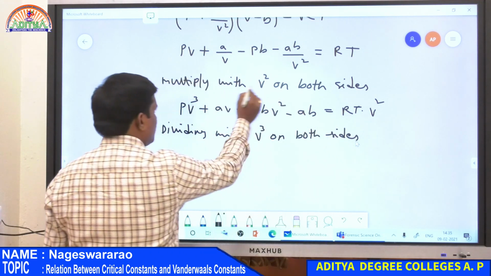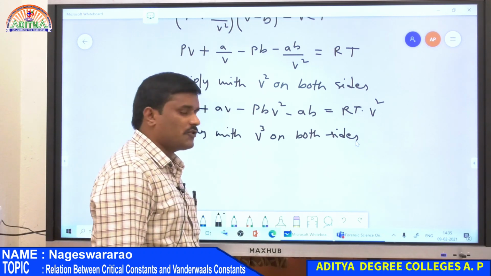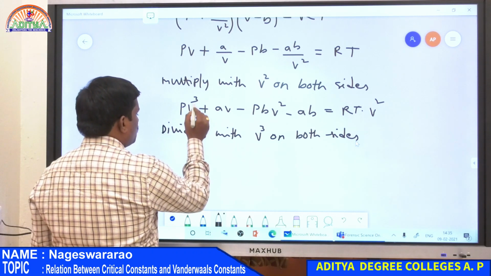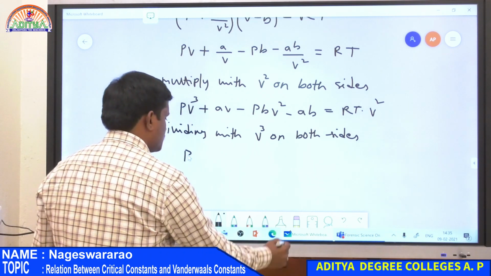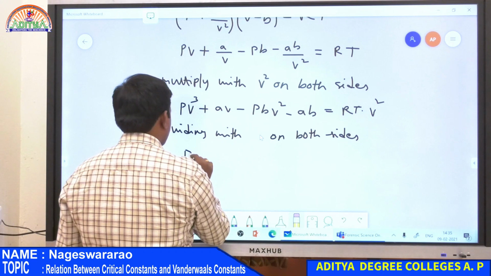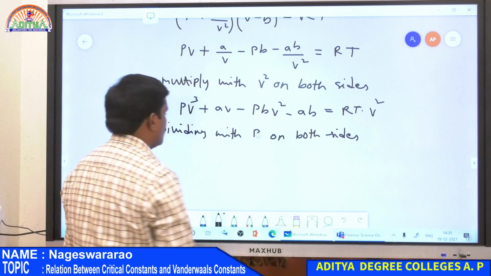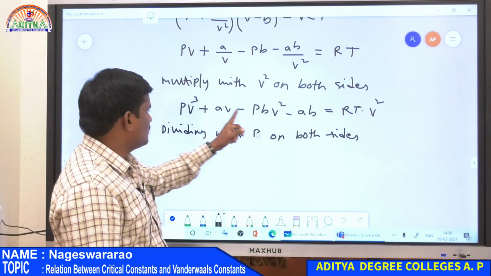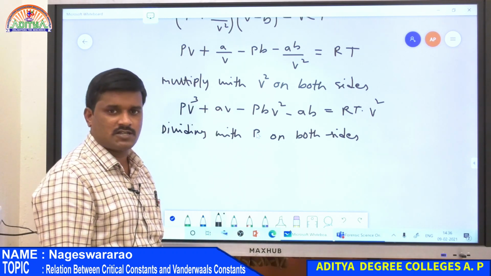So first we multiplied with V square, and then dividing with V cube, we get PV cube divided by V cube, simply P. Sorry, it is better to divide this equation with P. If we divide with P, the P term cancels, so we get a V cube term, that is a cubic equation.